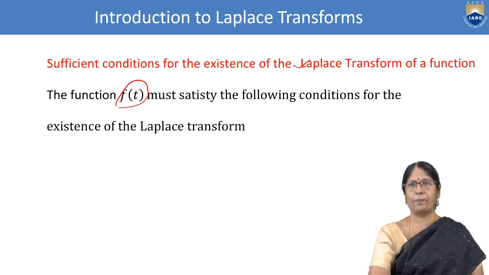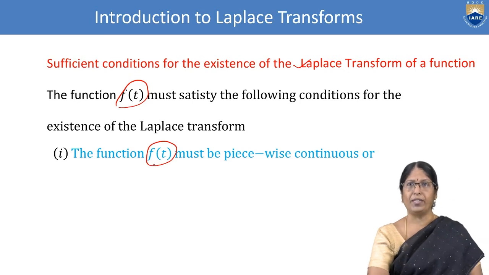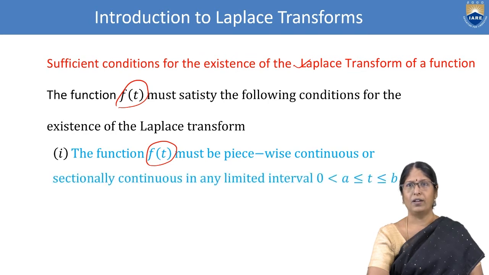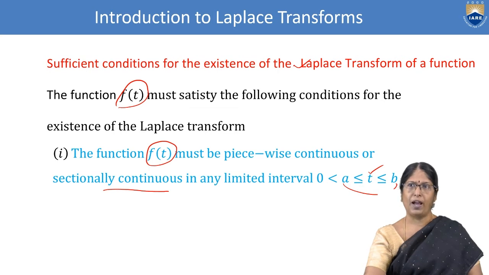The first condition: f of t, which we have taken in general here in the definition. In a problem, f of t may be sin t, cos t, or any function given. The function f of t must be piecewise continuous or sectionally continuous in any limited interval, where t lies between a and b, and everything is greater than 0, that is positive.